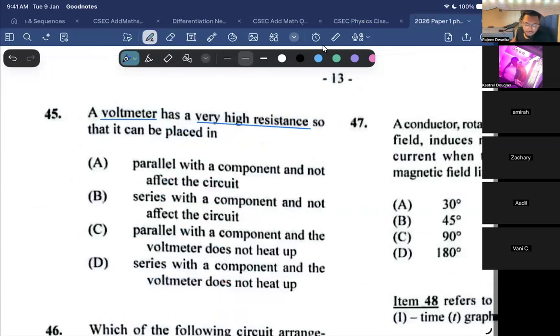What's the answer? A, B, C, or D? It is A. Do you know why it's A though?